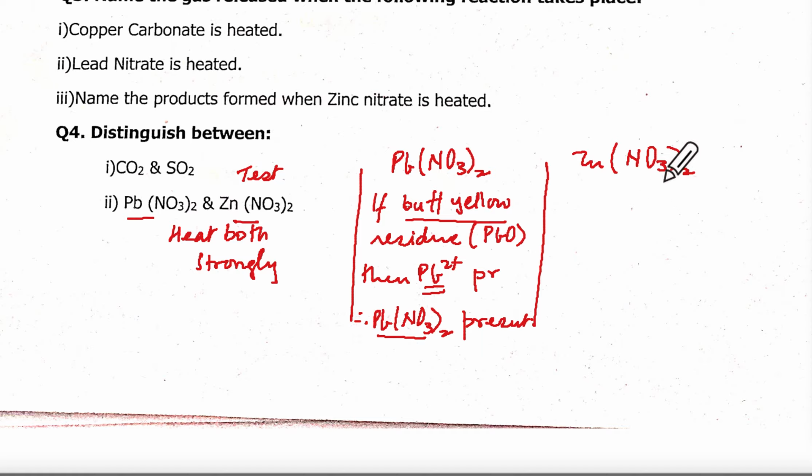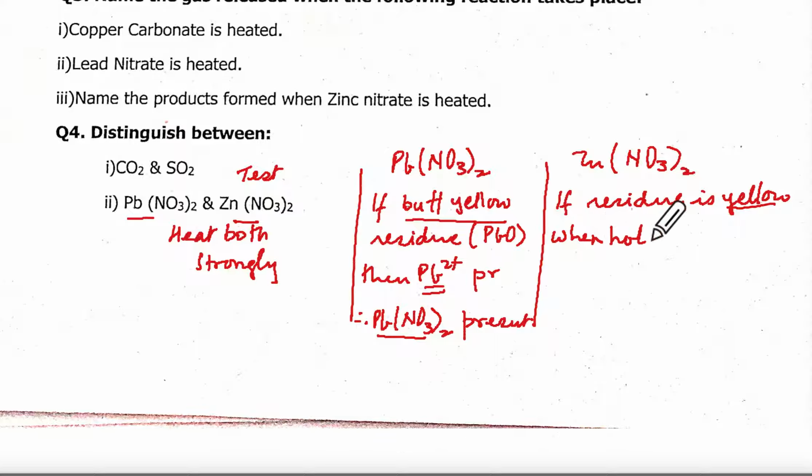Correct. And here what will I get? ZnO, no? So if the residue is, what is the description? Yellow when hot and white when cold. Yellow when hot, very good. White when cold.